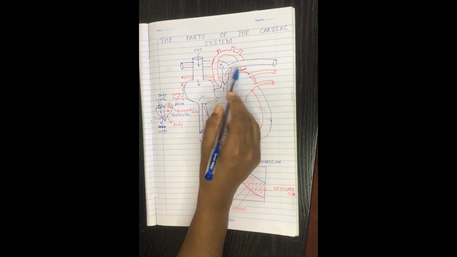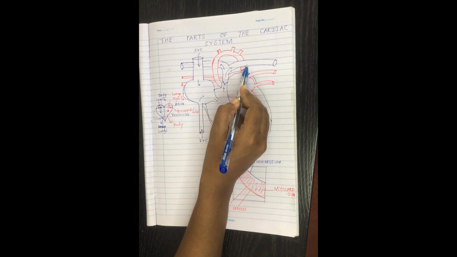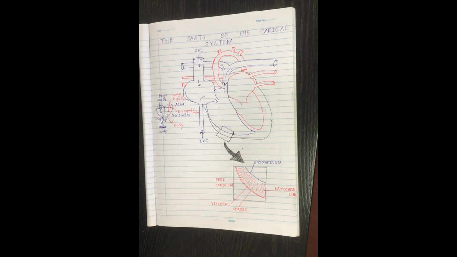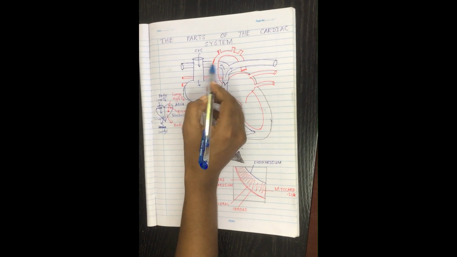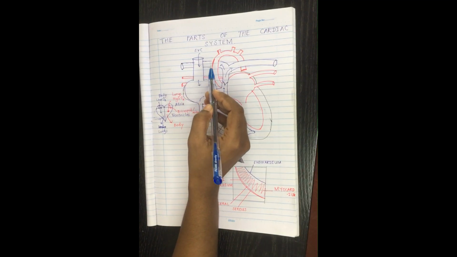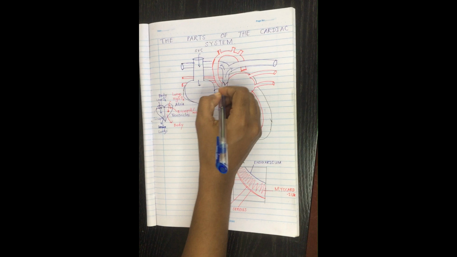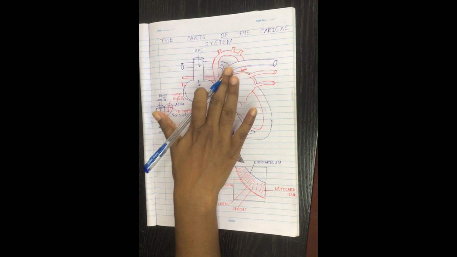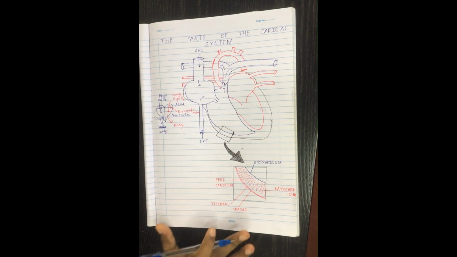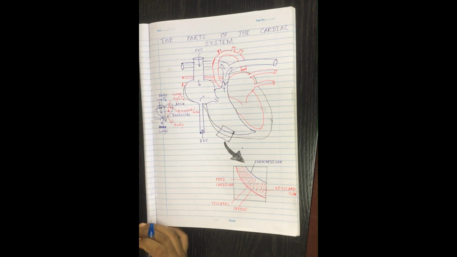The right branch takes it to the right part of the lungs, and the left branch takes it to the left part. So this goes to the lungs and it should be oxygenated to come back to the heart again.